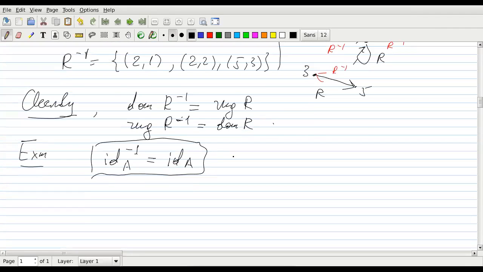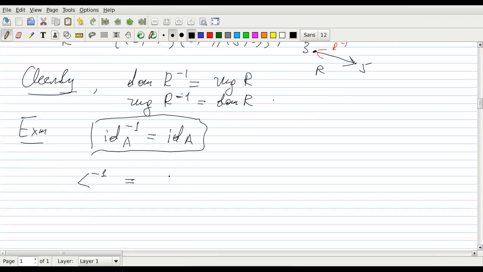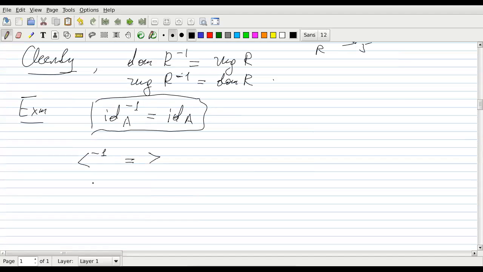Yes. And what if you take less than and convert it? It would be more or equal. No! This was a trap. No, it is just greater than. You know, xy belongs to this one if and only if yx belongs to this one.